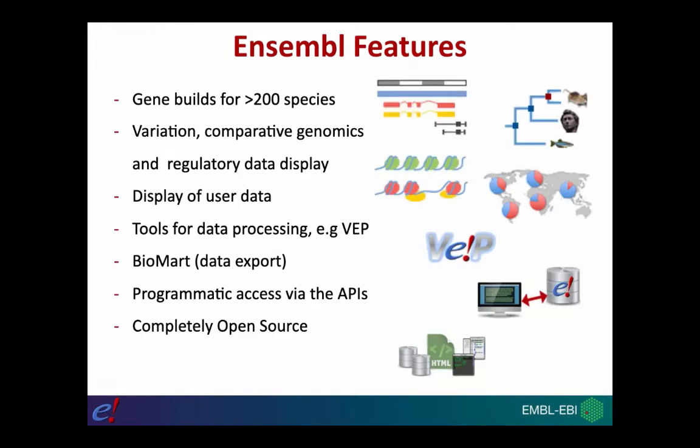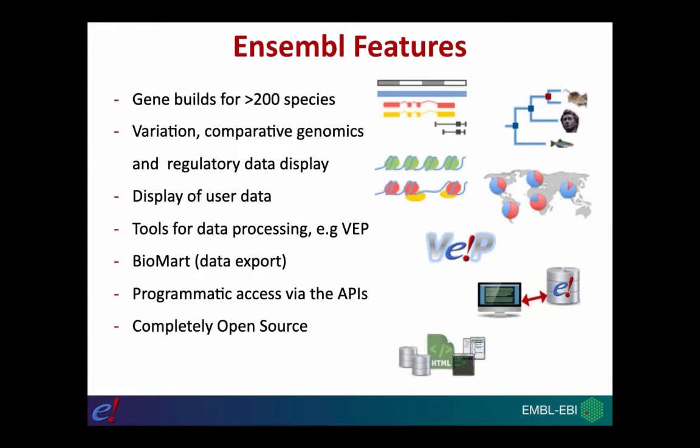To draw these 4 branches of data together, Ensembl has a number of features. As I said, we have our gene builds, which is the gene annotation for over 200 different vertebrate species now. For those different species, we also have variation data for a number of species where that's available. Comparative genomics, we have comparisons across all the species in Ensembl, and also the regulatory data display for human and mouse. There are some other things that you can do with Ensembl that we're going to touch upon throughout the series.